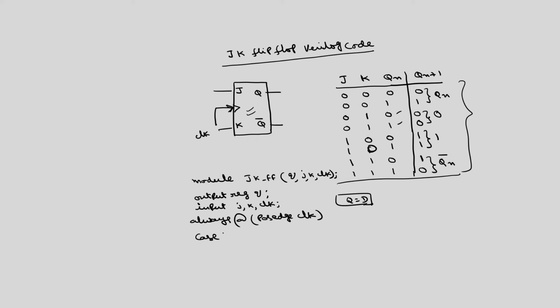Who is going to decide? j comma k, which you have to put in flower bracket. Case 2'b00, J is 0, K is 0. What will be the output? You have to use the non-blocking statement in case of sequential circuits. q gets q itself. So this is the present state, this is the previous state.